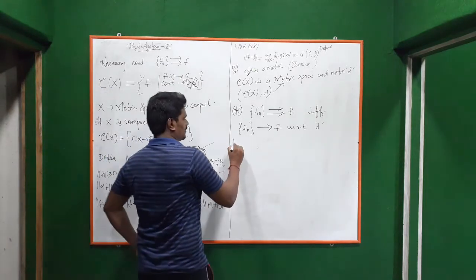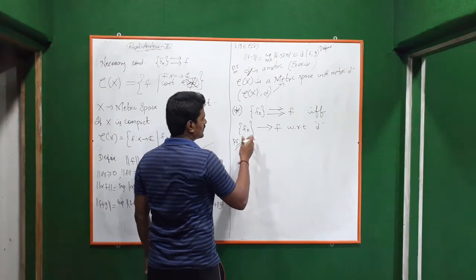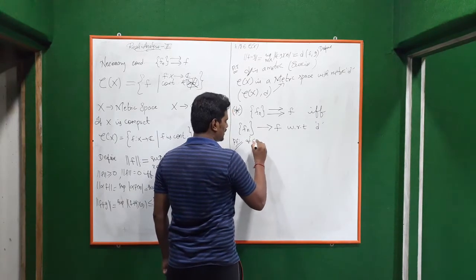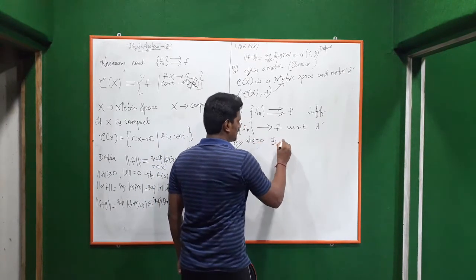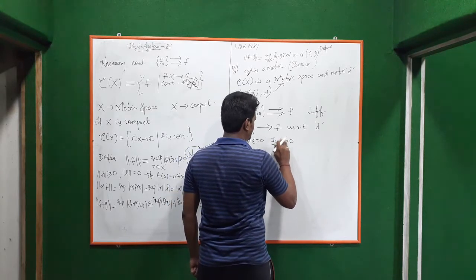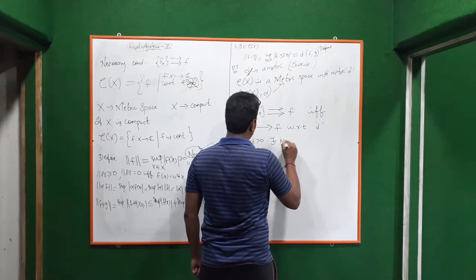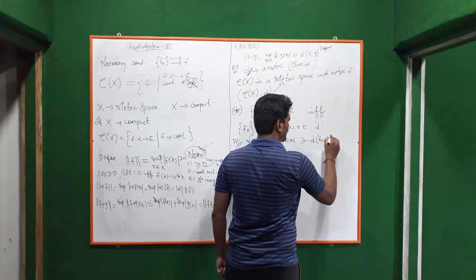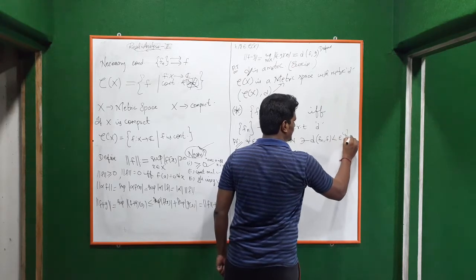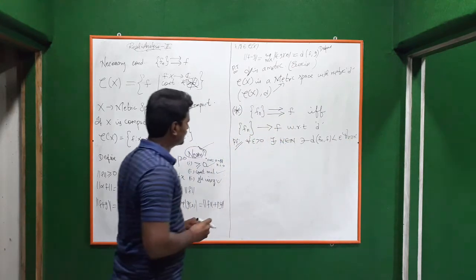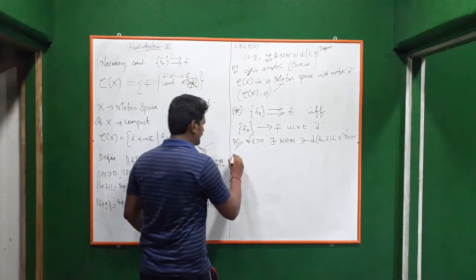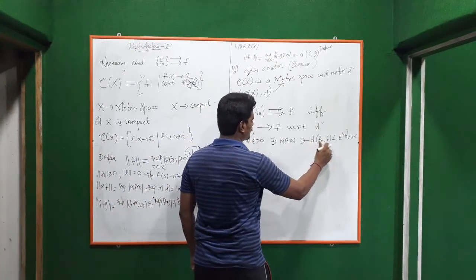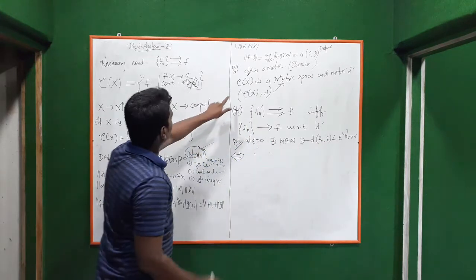We have to tell that convergence is uniform. How can we tell that? Use the definition. Fn converges to f with respect to d means what? For any epsilon greater than 0, there exists N in the naturals such that d of fn comma f is less than epsilon for every n greater than or equal to N. This is by definition. This will be d of fn comma f, what is the metric?